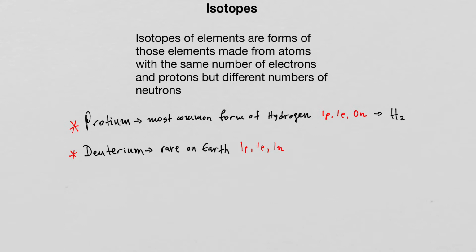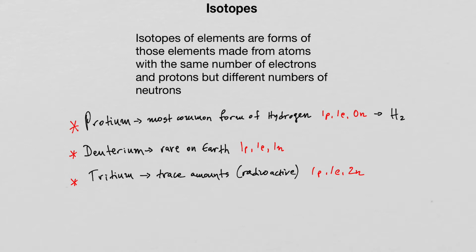The second isotope of hydrogen is deuterium. This is a rare element on Earth, and the structure of the atom is 1 proton, 1 electron, and 1 neutron. And the last isotope of hydrogen is tritium, which has trace amounts on Earth. It is radioactive, and the structure is 1 proton, 1 electron, and 2 neutrons.